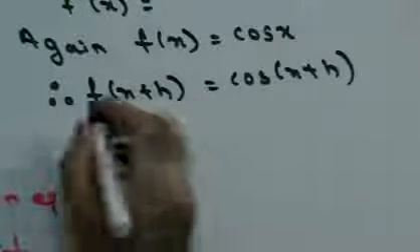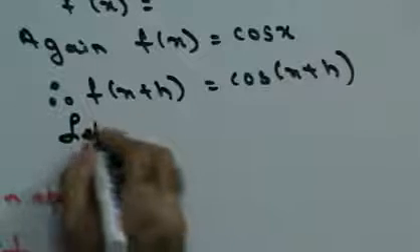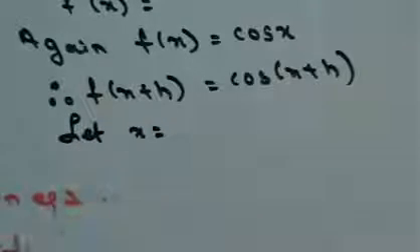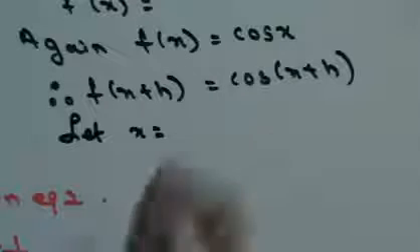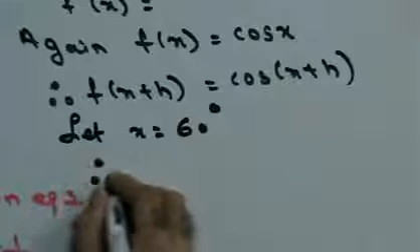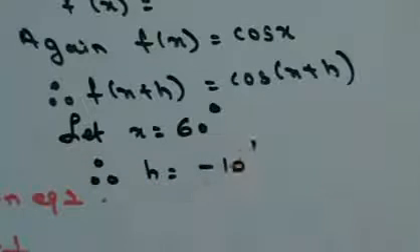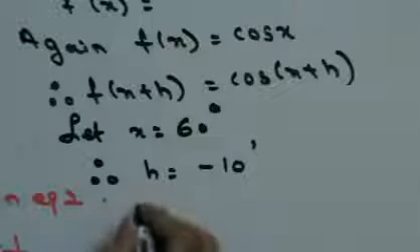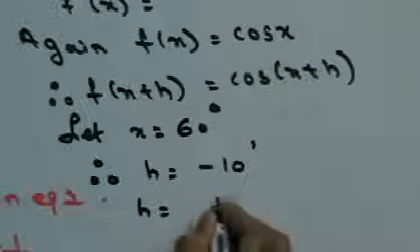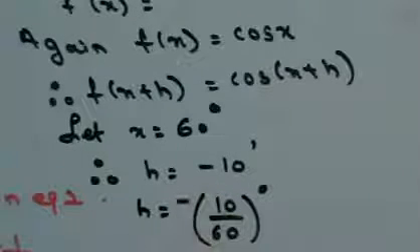Now I can say that let x be equal to a value close to 59 degrees 50 minutes, 60 degrees. Therefore I can say h is going to be nothing but minus 10 minutes, right? Now 10 minutes can be written as 10 upon 60 degrees.